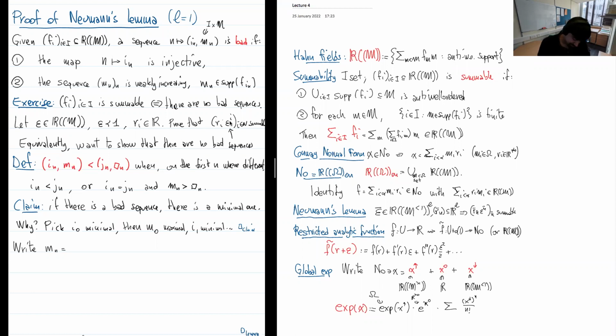So it's going to be some product of monomials o_{n,1} all the way to o_{n,i_n}, where these monomials o_{n,j} are in the support of epsilon.